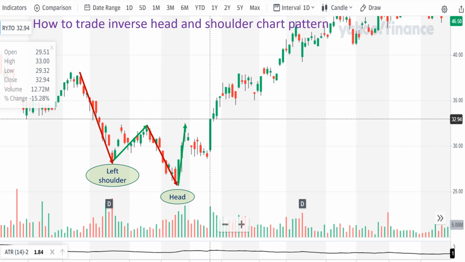If this downtrend wants to continue, the price should make another lower swing low, lower than the previous one, or lower than the head. But this time, as you see, the price failed to reach that low and closed above the head. As a result, the right shoulder is formed. And this is the sign of reversal.